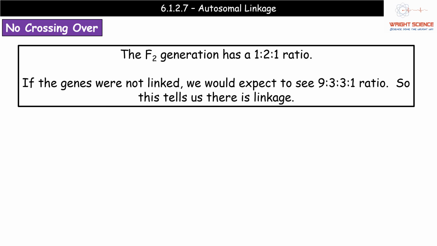But we don't have that. We've got 1 to 2 to 1. So because we don't have that expected 9 to 3 to 3 to 1 ratio, we know that something else is happening. And the something else is our autosomal linkage because of that 1 to 2 to 1 ratio.